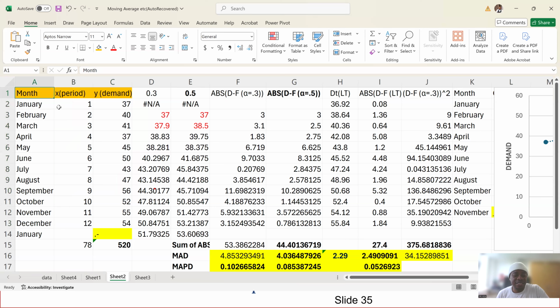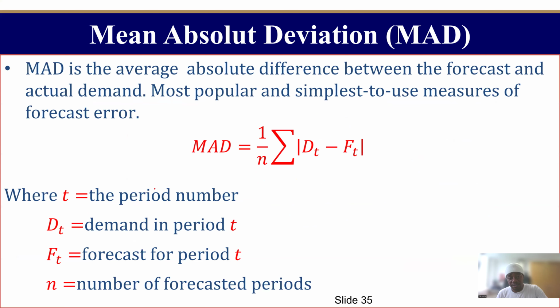In this data set, we have periods 1 to 12, and then we have some demands. We were able to calculate the moving average, if you can remember. We also calculated the weighted moving average and the exponential moving average. I'm going to show you how to calculate the mean absolute deviation.